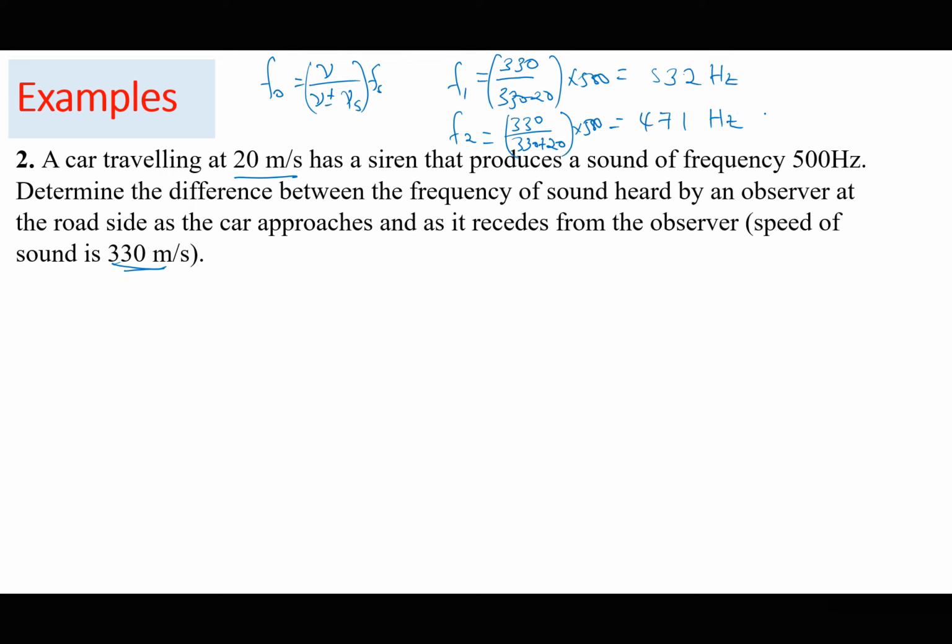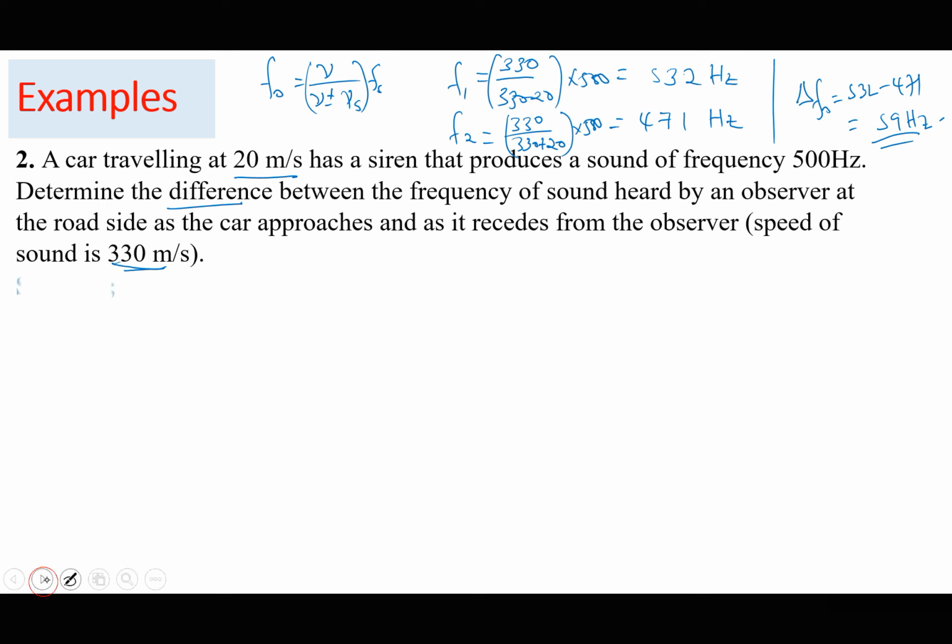So we want to find the difference. I just subtract the two. So the difference in the observed frequency is going to be equal to 532 minus 471, which is equal to 59 hertz.